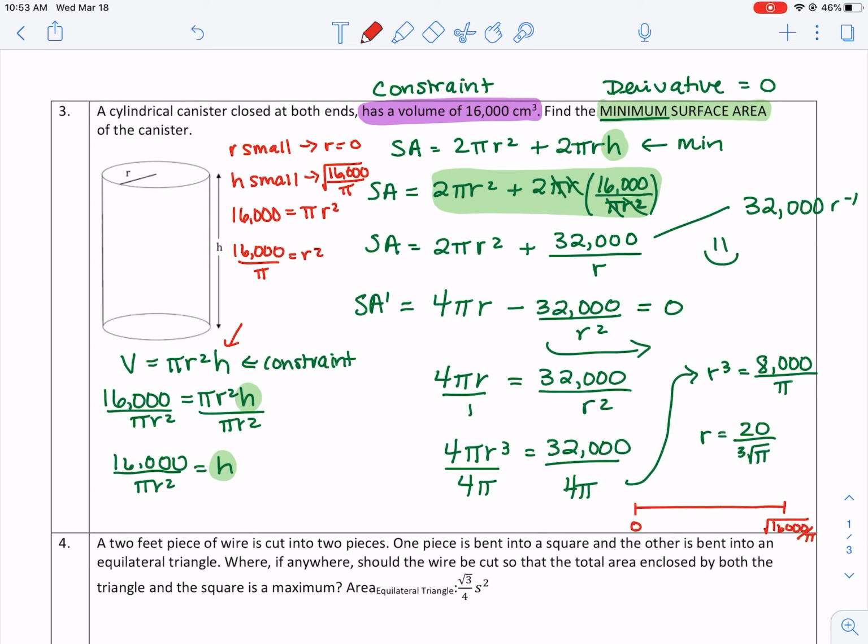This value here, 20 over the cube root of pi, will be in the center. When the answer key is posted later today, you will see that it's written in decimal form, and it is in between those two numbers. You then just need to verify using the derivative of the surface area to make sure that this is a minimum.